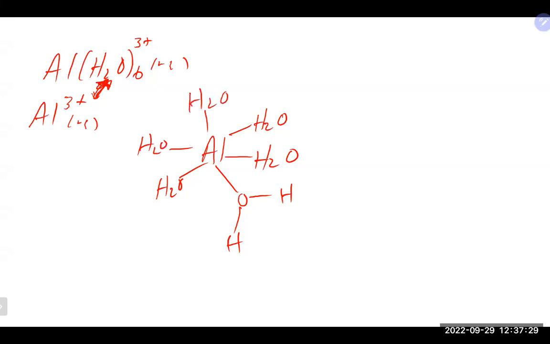And what's going to happen in this particular case is, because this is a relatively small but very positive center, we're going to get kind of the same situation we talked about with acid strength. We have this bond here, which is polar, right? So the electrons are kind of heading in. And then we've got this nice positive charge in the center, which is going to bring the electrons in a little bit more.